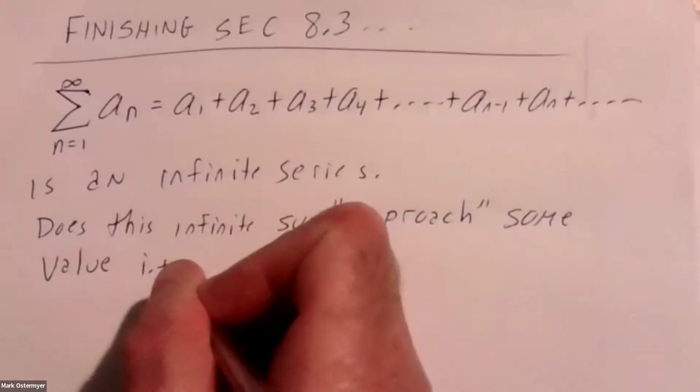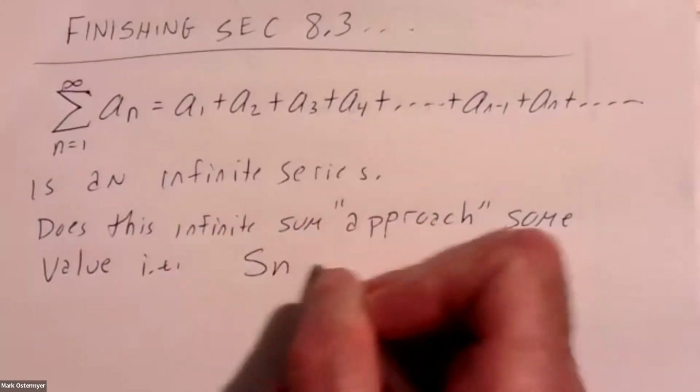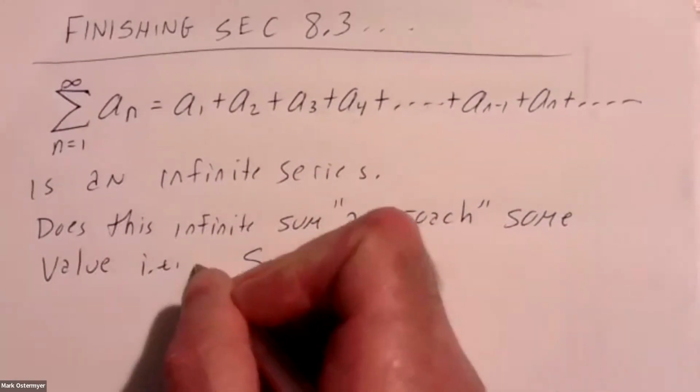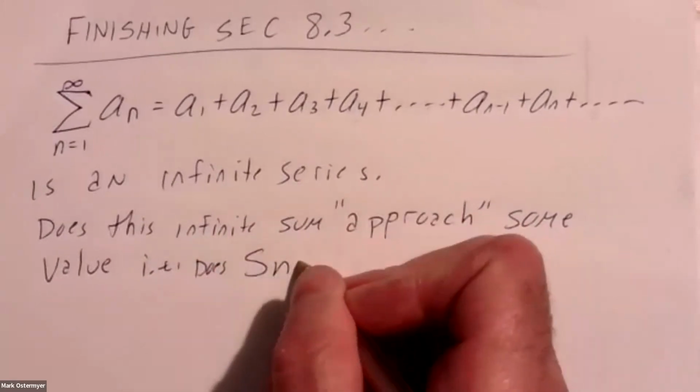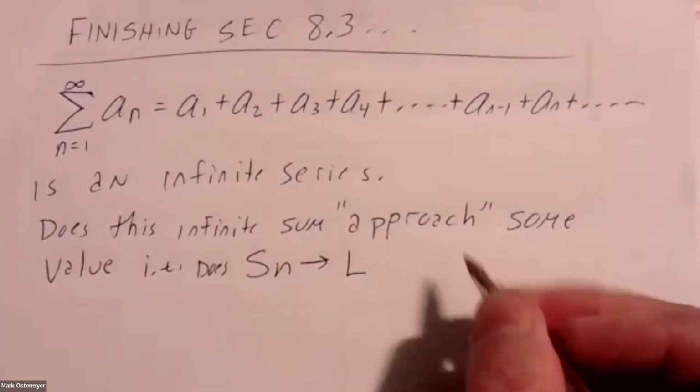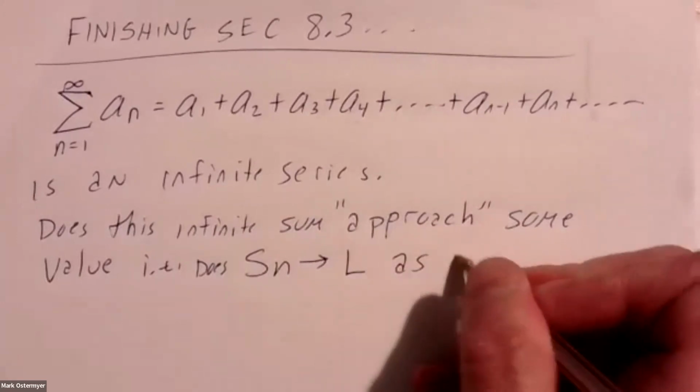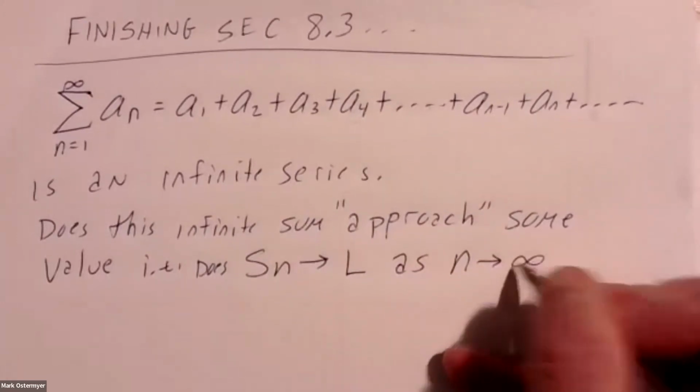In other words, does the sequence of partial sums approach some real number L as n approaches infinity?